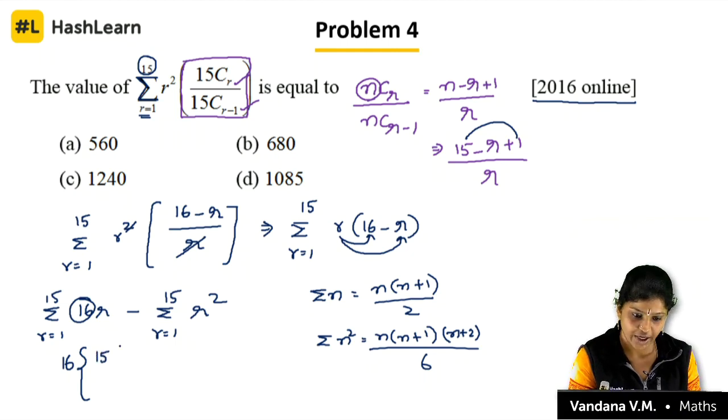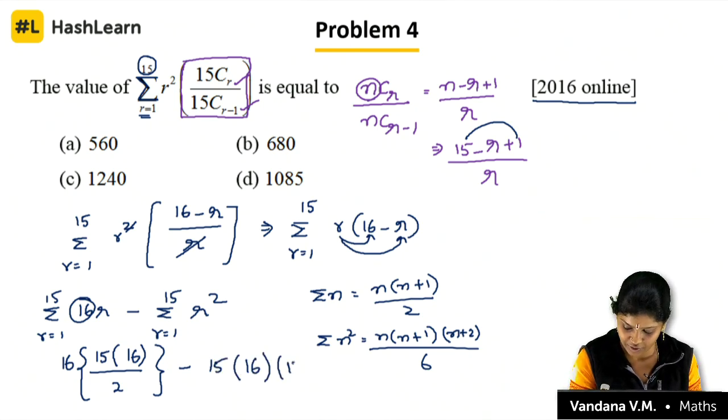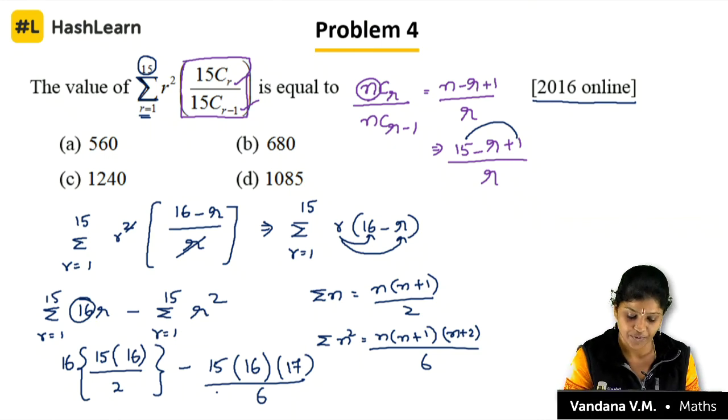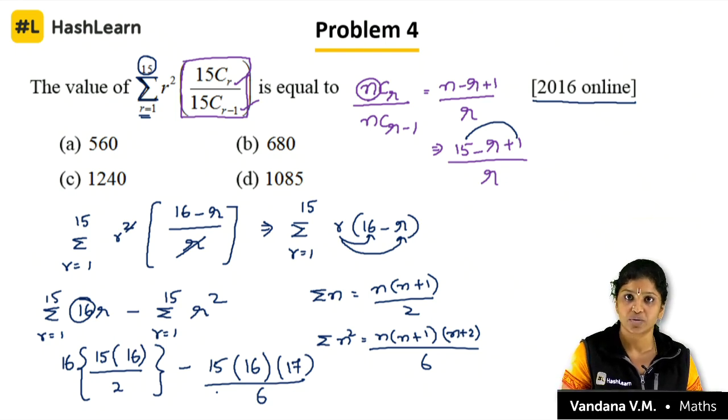So 15 into (15 plus 1 is 16) by 2 minus, here n value is 15, 15 into 16 into 31 by 6. If you substitute, you know how to solve this. I am leaving it for you. If you want me to solve, let me know. I will do that. Okay.